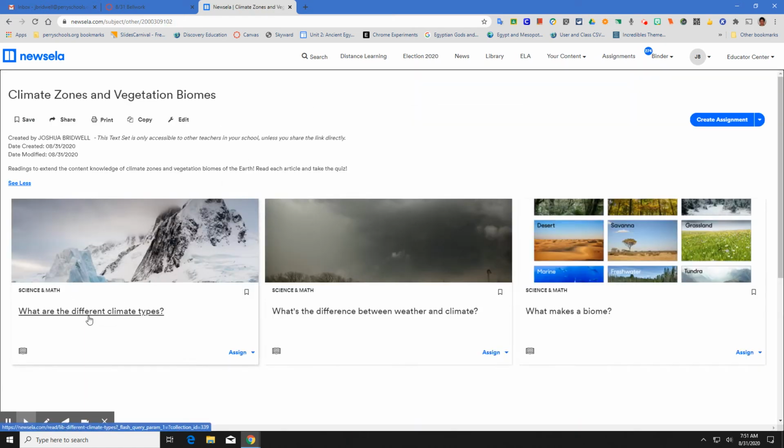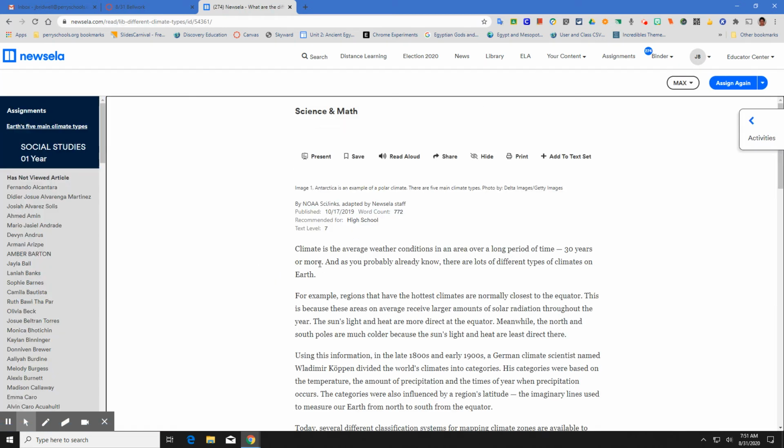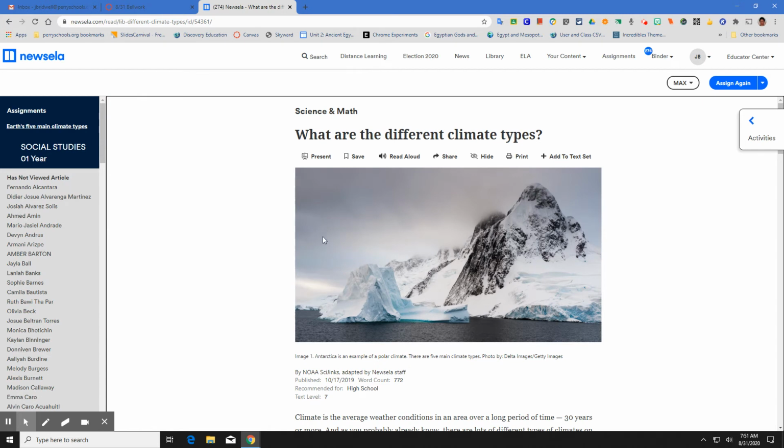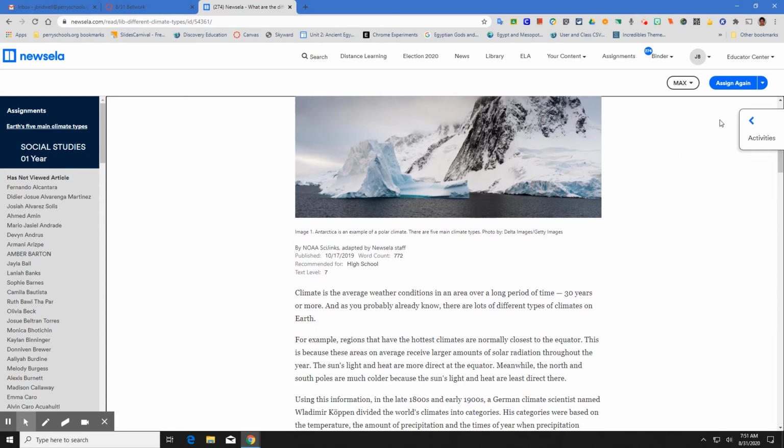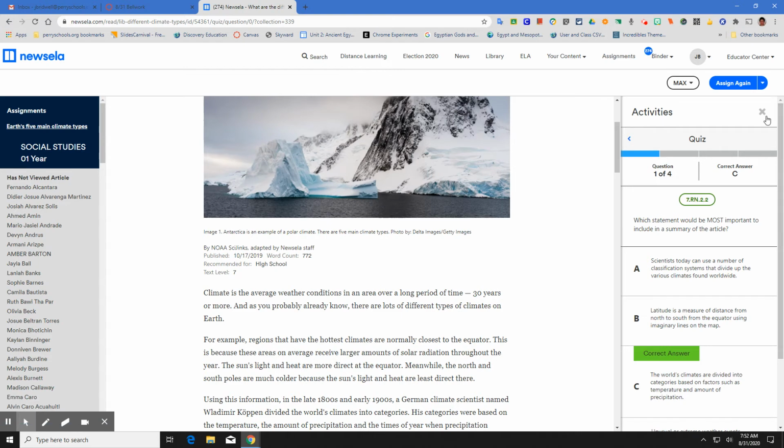The climate types of the Earth are categorized similar to lines of latitude. And so when you get into this, what I want to make sure you guys pay close attention to is over here on the side, you have your activities. Here's where you will take the quiz, the little 4-question quiz here.